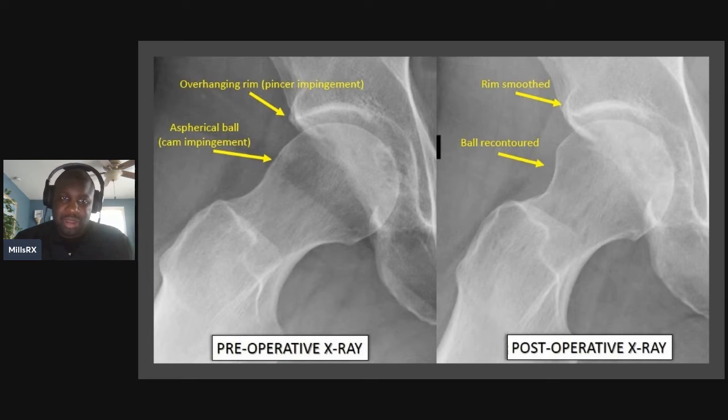Now, I believe he underwent another arthroscopic hip surgery, and this is what it looks like. There are two types of hip impingement. There's this one right here, which is known as a pincer impingement. This is the excess bone tissue that has grown off of the joint, as opposed to the first slide, where it fits nice and snug in the socket.